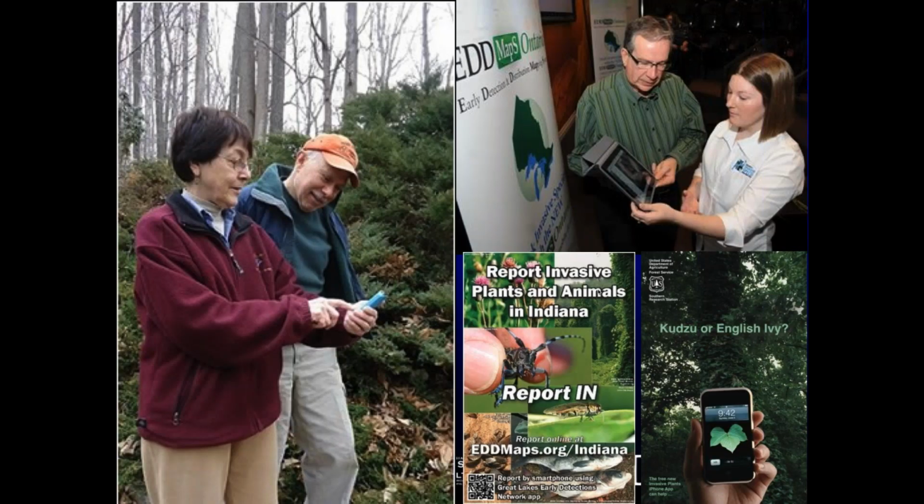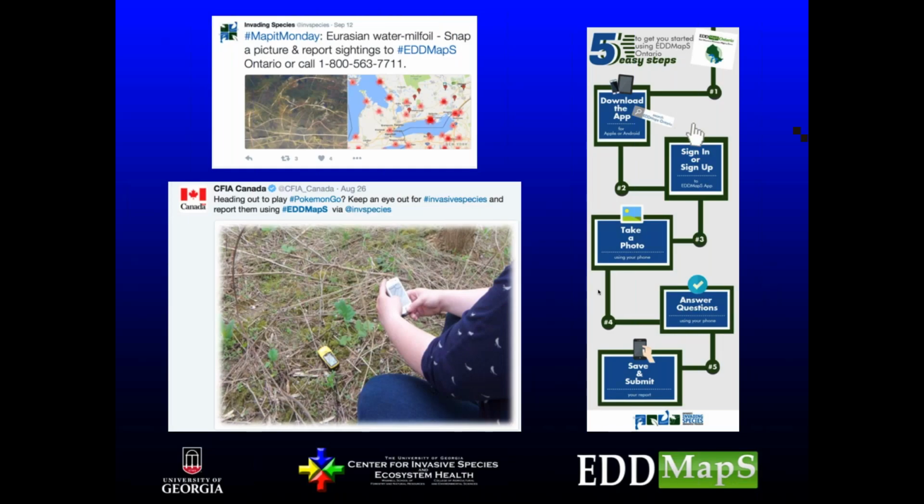I mentioned earlier, the real success comes by the outreach, by talking to people and telling them, hey, if you see something, report it using EDDMaps. It'll go into this system, and then hopefully some work can be done on that spot. We look to some of our partners in Canada who have really done a good job with social media, doing Map It Monday and going on the Pokemon Go rage from a few summers ago where, hey, if you're out playing Pokemon Go, don't forget about reporting invasive species as well.